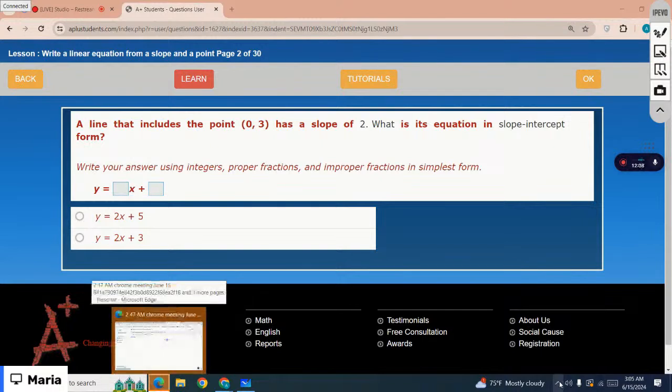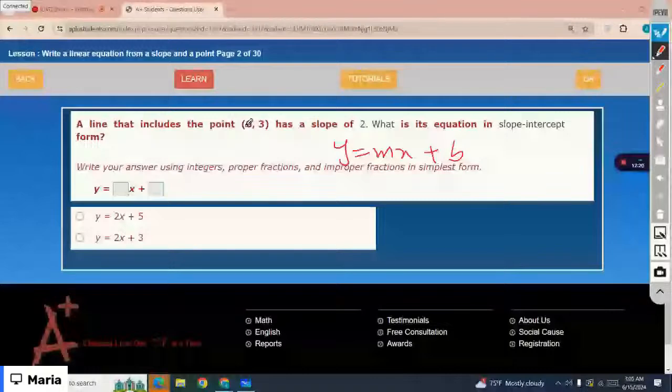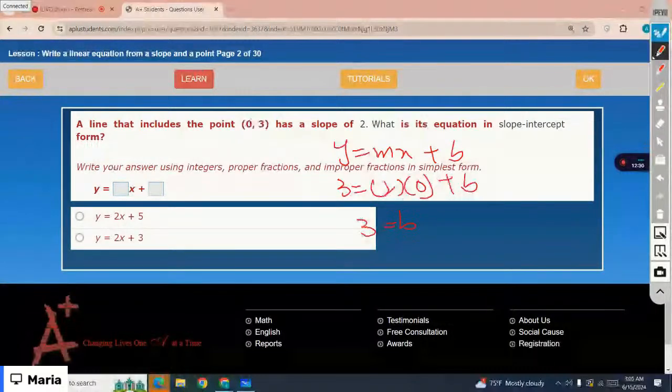You have to do exactly the same thing we just did, right? That is y equals mx plus b. Calculate the value of b, right? X is 0, y is 3, m is 2, 0 plus b. So 0 times 2 is 0, b equals 3. So the correct option is y equals 2x plus 3. Option number 2 is the correct option.